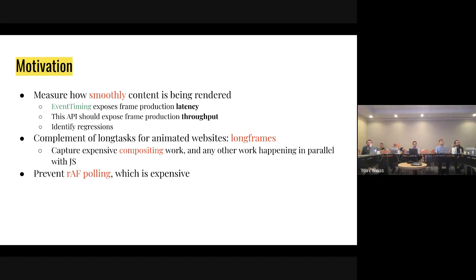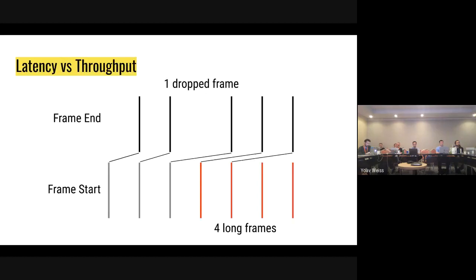And that is pretty bad because it's expensive in terms of CPU and battery life. It also kind of violates the principles of RAF, and overall it should be avoided. So all of these things are motivations for the API.